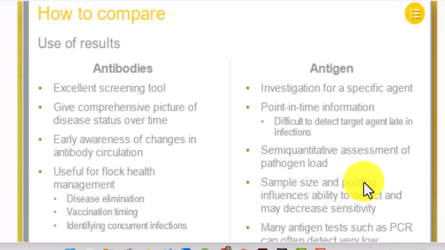How to compare? We can detect either antibodies or antigen. Some people compare this with someone coming to steal your things in your house. If you catch the person himself, this is the antigen. This is the person who stole your things, like a virus or bacteria.